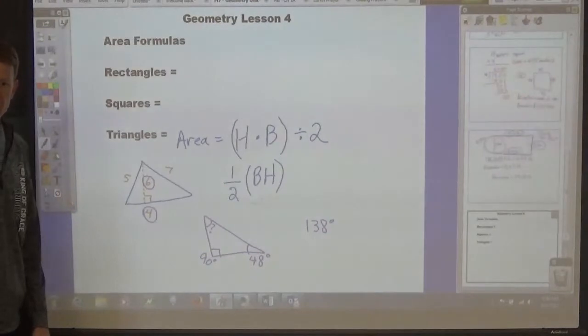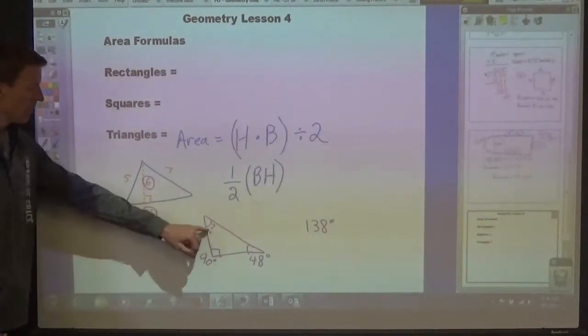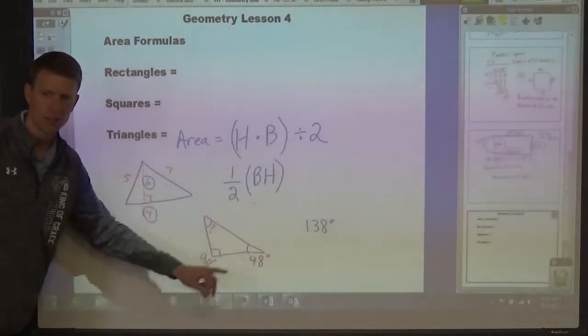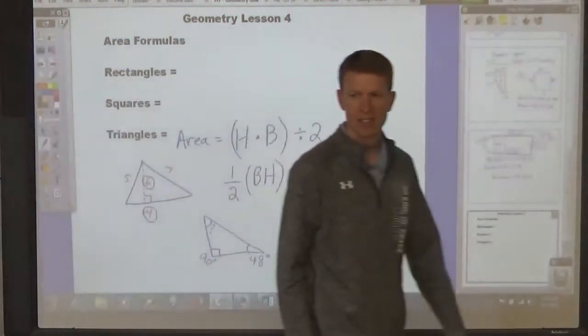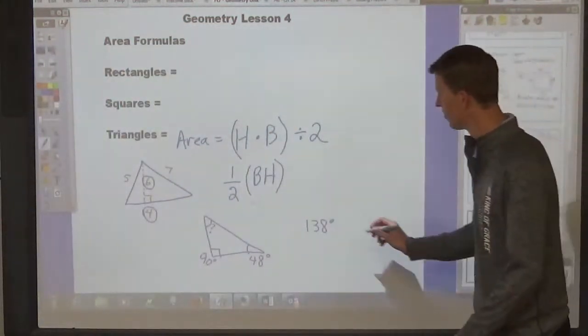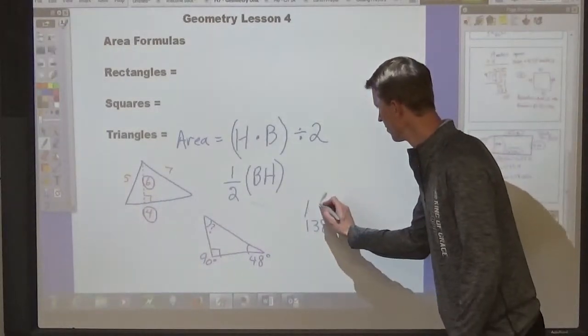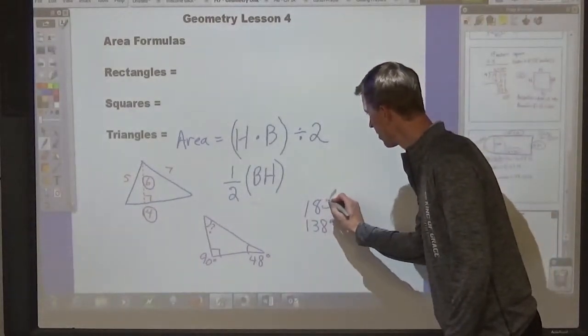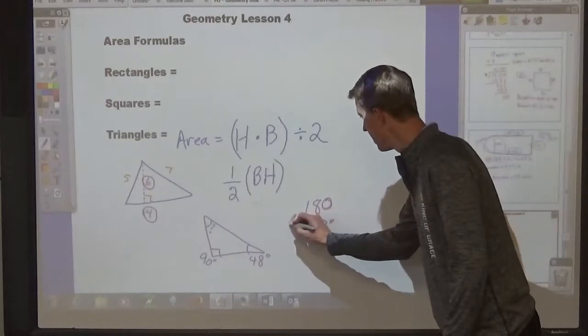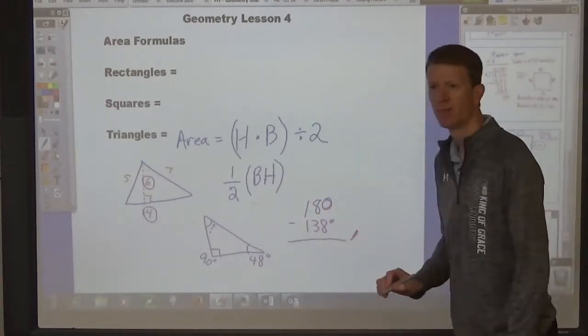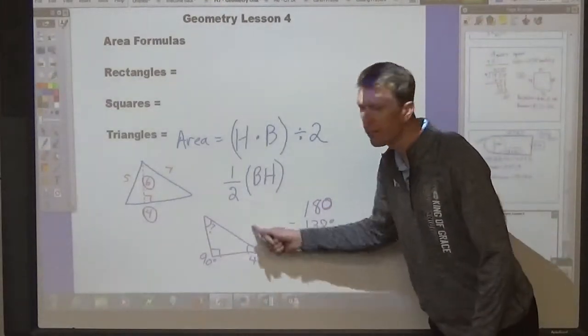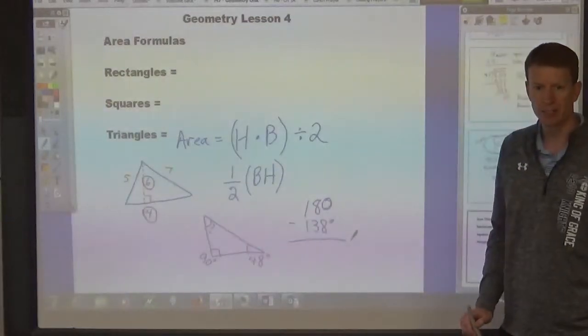And then what? How would you find this angle using these 2? Okay? You could subtract 138 from 180. Good. Subtract 138 from 180 because we know that the total in a triangle is 180 degrees.